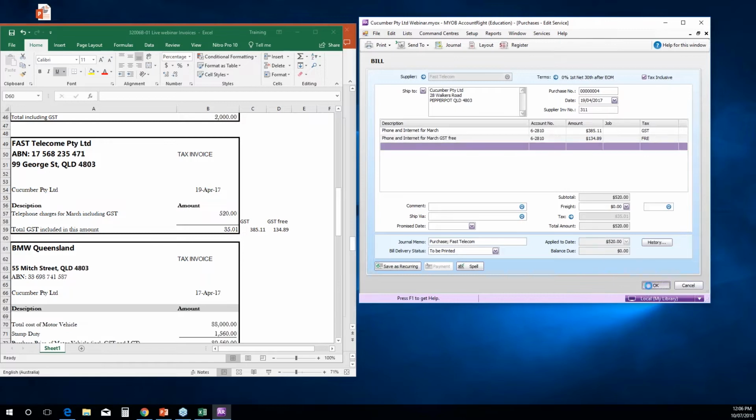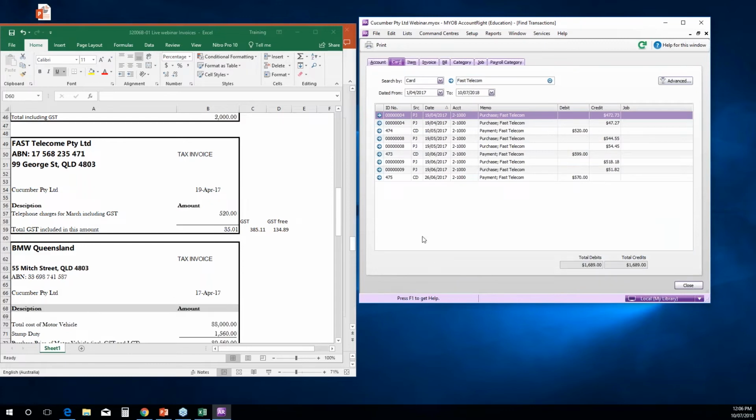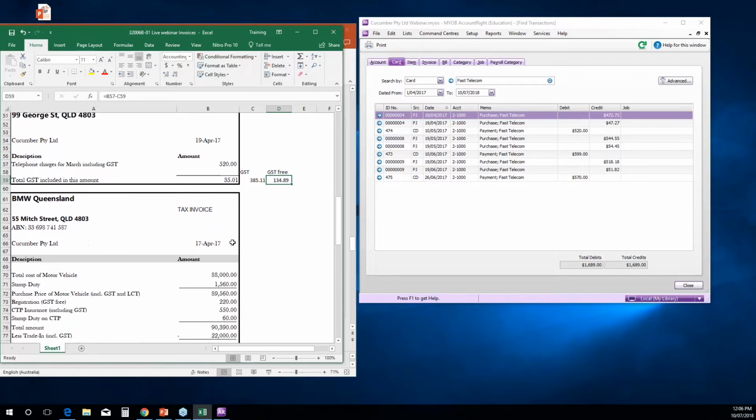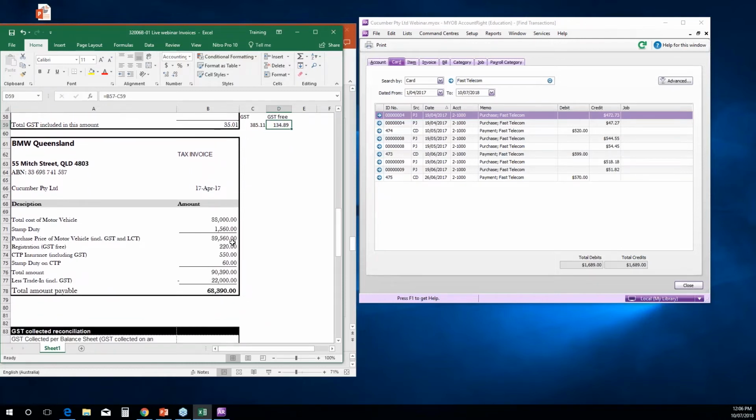So all you have to do is record it. Okay, so I'm not going to do May and June, and you will have to find the GST component and GST free component by yourself and apply this. Amounts are not the same as mine because I changed all the amounts and the invoice suppliers.